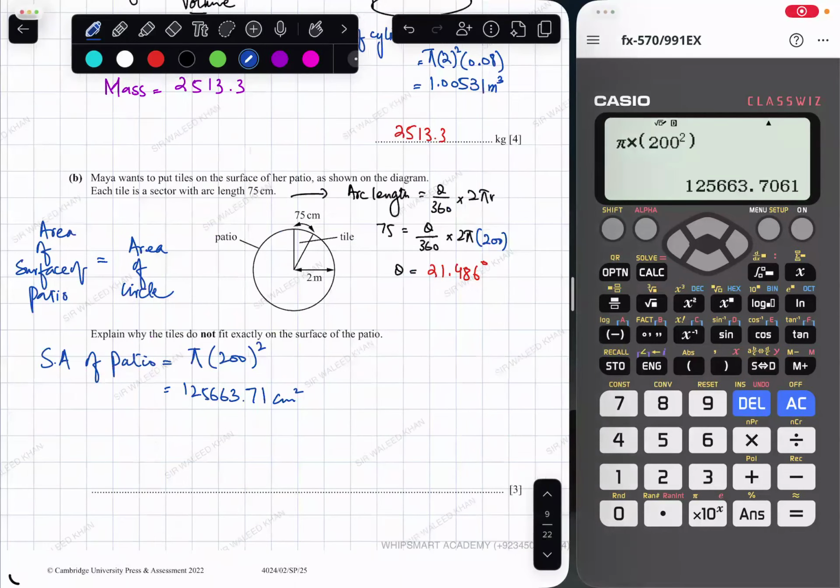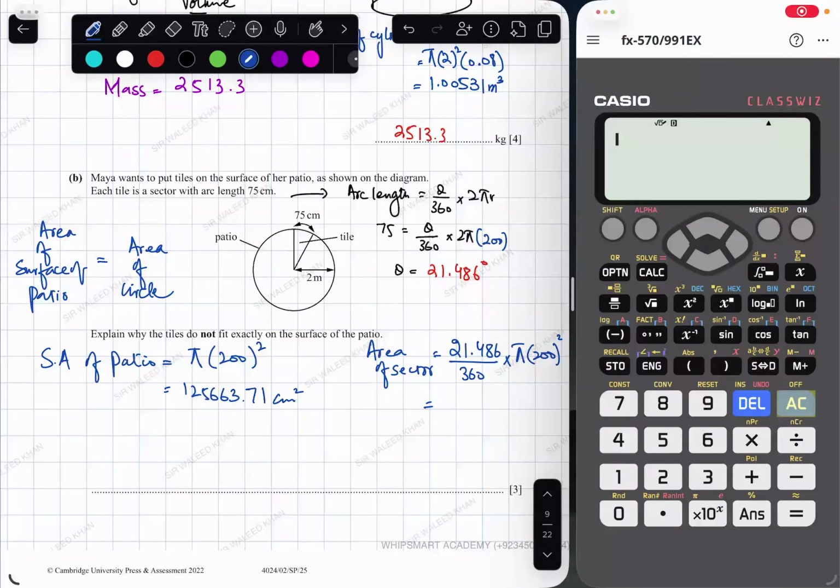And the area of the sector, we can figure out using the angle now. Area of sector is 21.486 over 360 into pi r square. Okay.